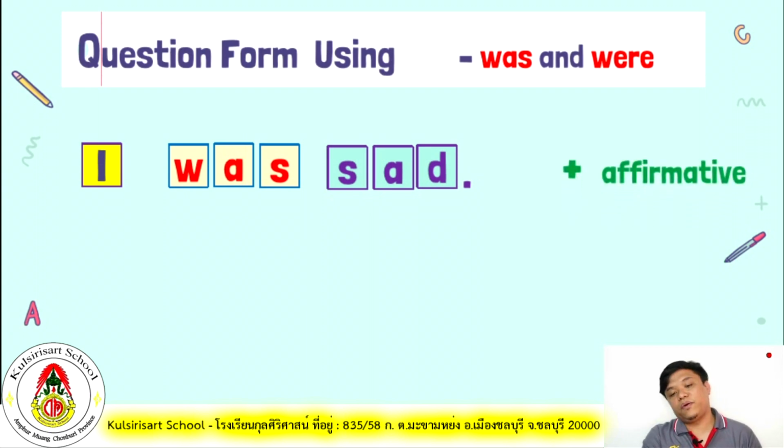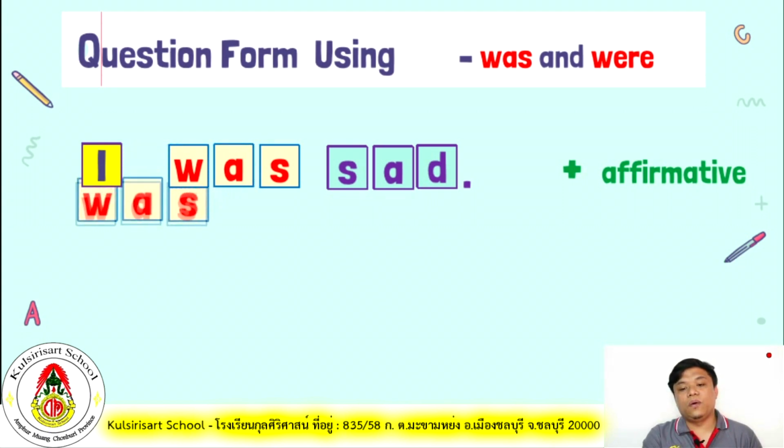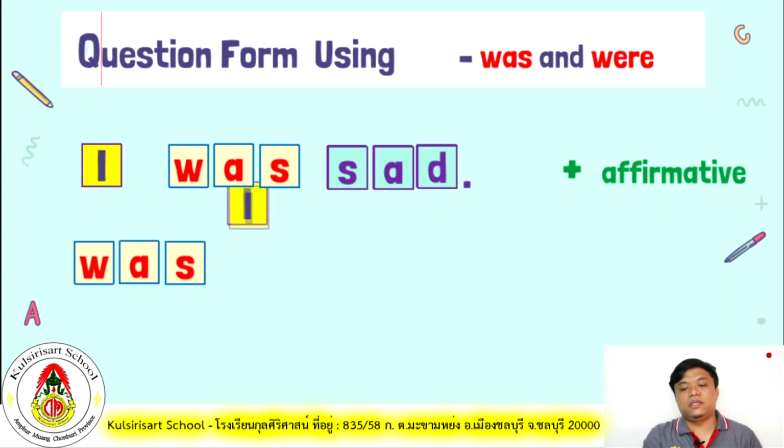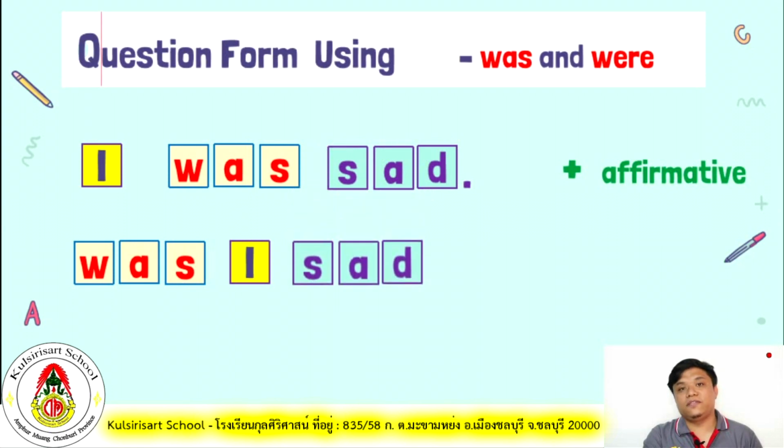What do you think is the form when we use it in the question form? Was comes first, then the subject, and the rest of the sentence. So instead of saying I was sad, to make it a question, you will say, was I sad? Great, good job. And put the question mark. Don't forget to put the question mark, okay?